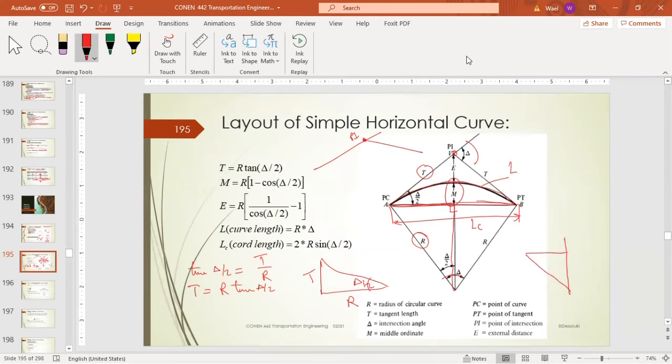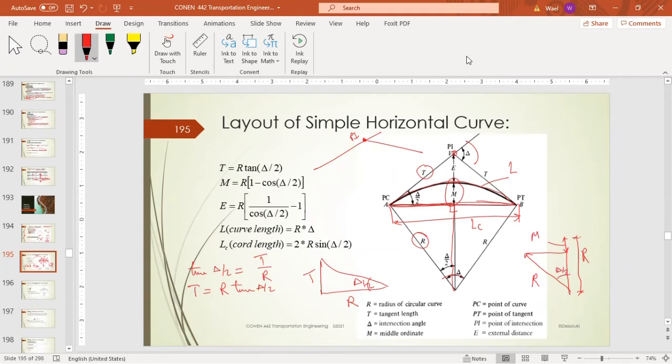So this distance is R, and this distance also is R. Here, this part, this is M. That's the middle ordinate. And this is delta over 2.